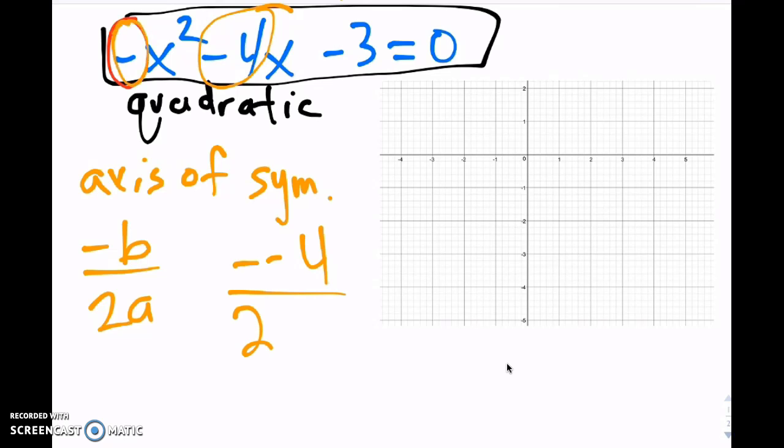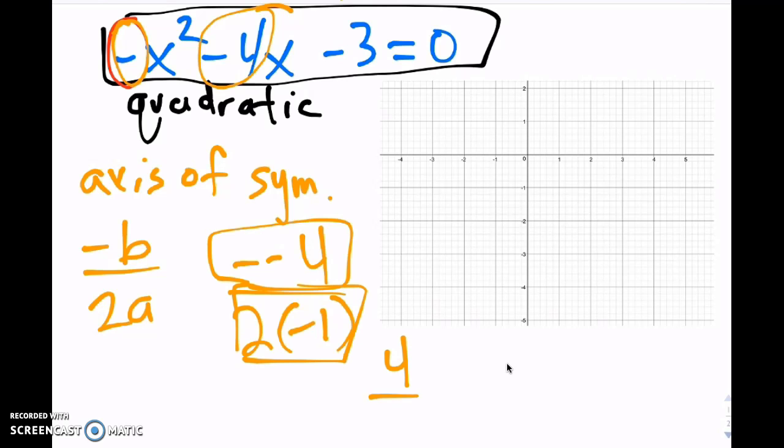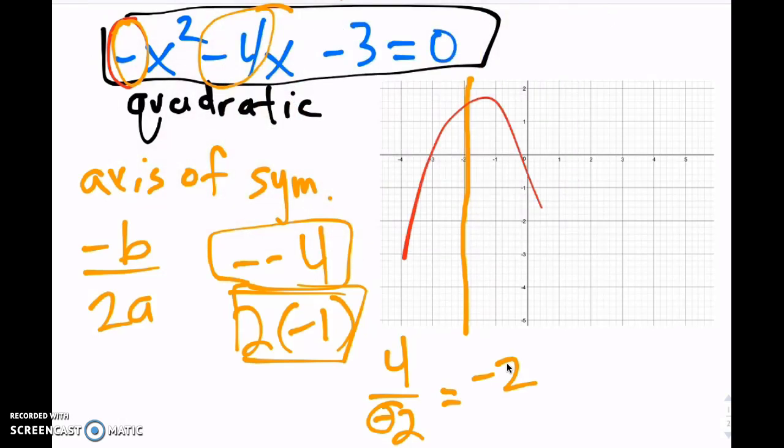So a lot of negatives. Negative 4 is going to be positive 4, and 2 times negative 1 is going to be negative 2. So 4 divided by 2 is 2, and there's still a negative, so negative 2 is our axis of symmetry. That means somewhere along this line is our vertex, and our graph is going to be centered on here. It might look like this, or this, or this. We just know that it has to be centered along that axis of symmetry.